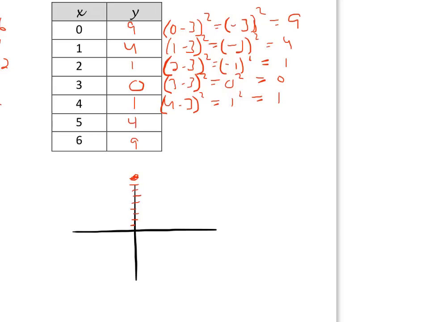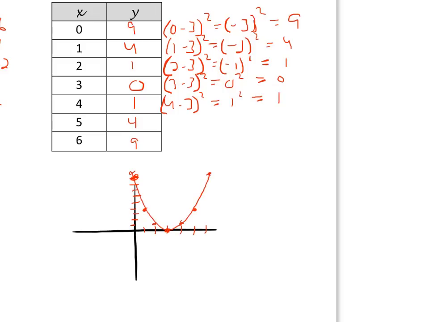So there's 0, 9. 1 gives us 4. 2 gives us 1. 3 gives us 0. 4 gives us 1. 5 gives us 4. And 6 gives us 9 again.